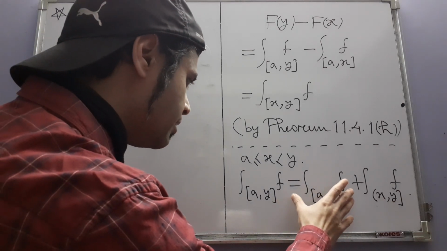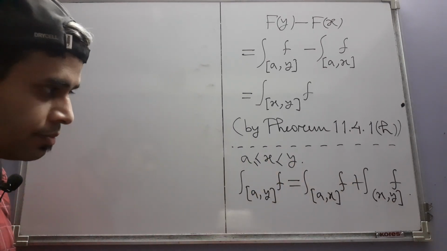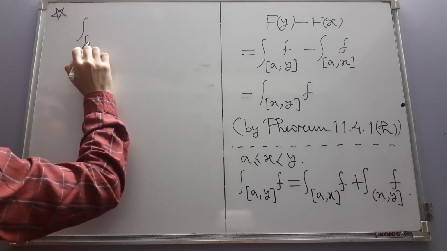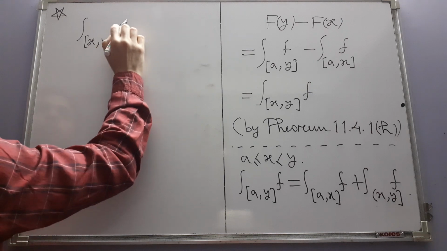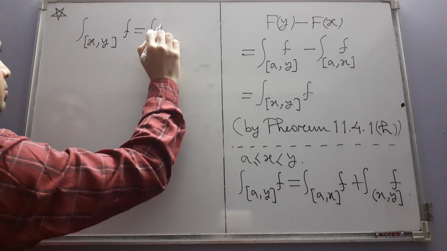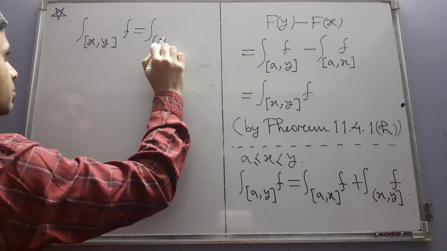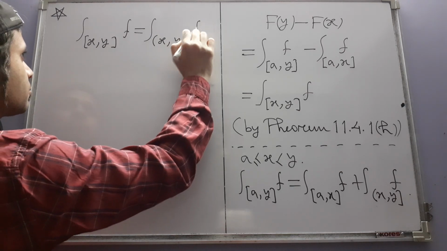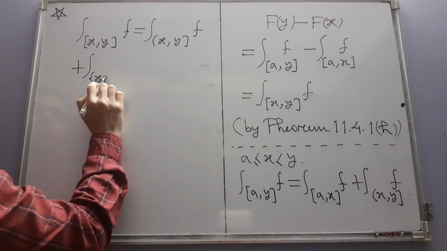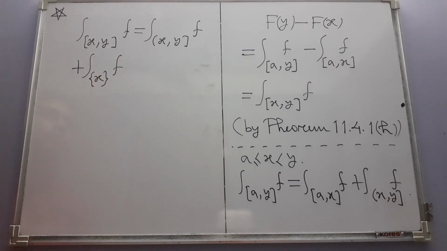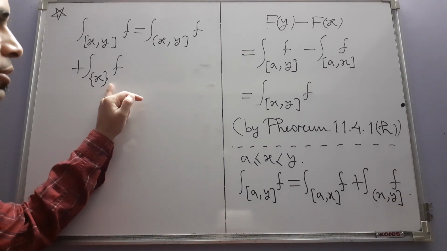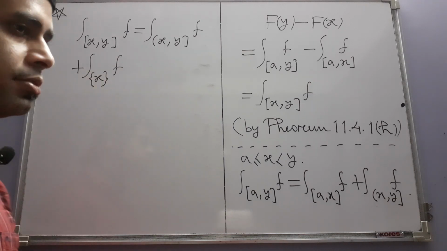We are really getting only this, but then we note that this actually equals this plus this, and you convince yourself that this is 0.